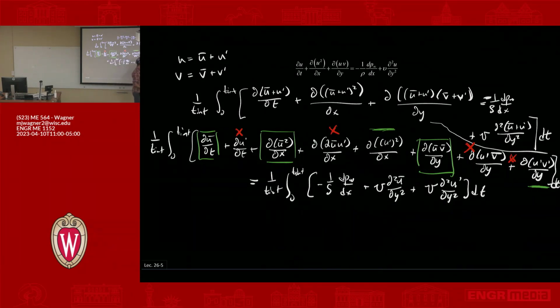What about this one? It's kind of the same thing. You have an x component of random oscillation and a y component of random oscillation. I guess that one kind of depends on whether u prime and v prime are independent of each other. If u prime and v prime care not at all about what the other is doing, they're both random and stationary about 0, and it would integrate to 0.